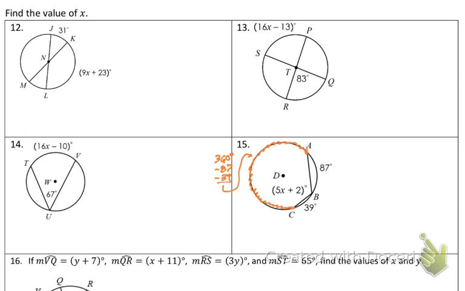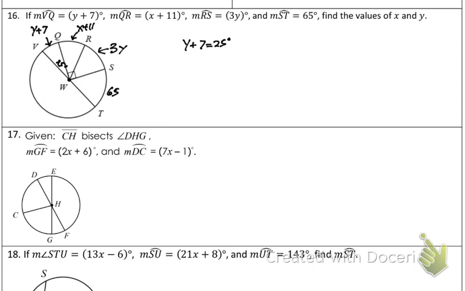Number 16. Number 16, we just did 16. Yeah, I have another question. Okay, yeah. Can you say x plus 11 equals 45? No, you cannot. You do not know that. It doesn't say that it's a bisector. It would have to say somewhere in there that those 2 arcs are equal to each other. Okay?